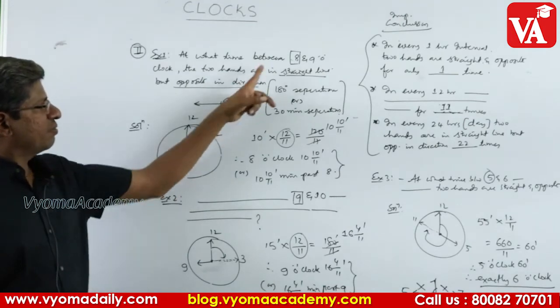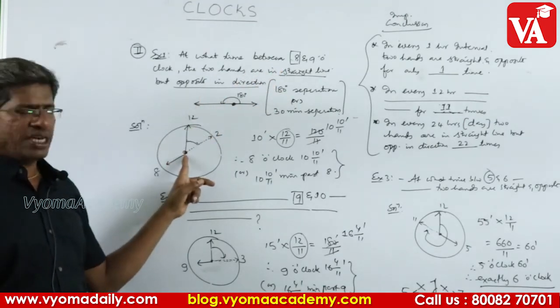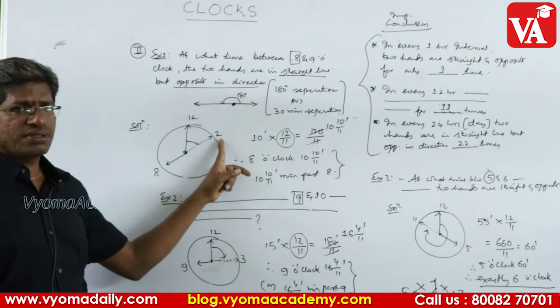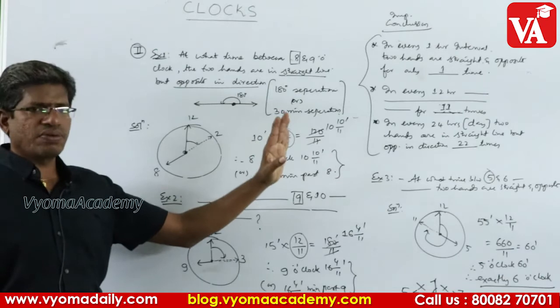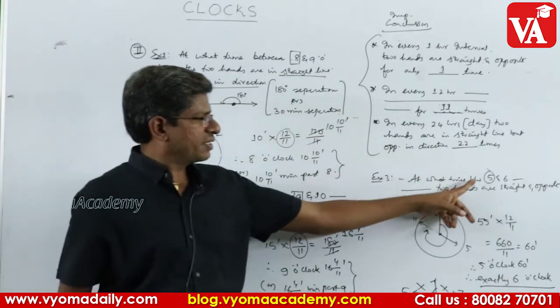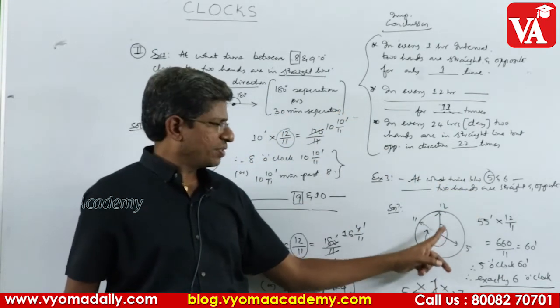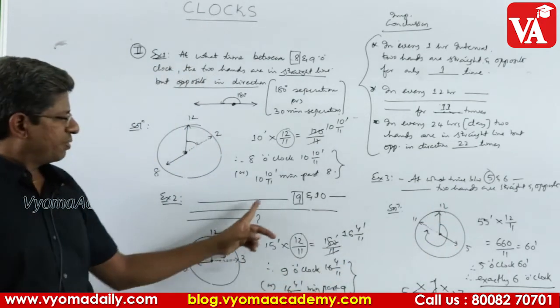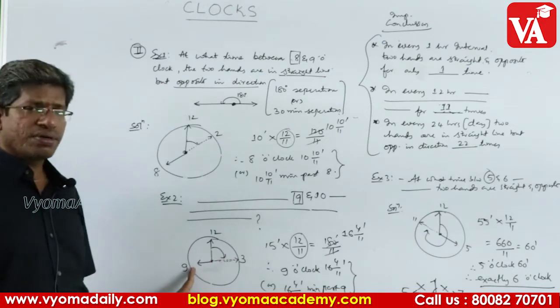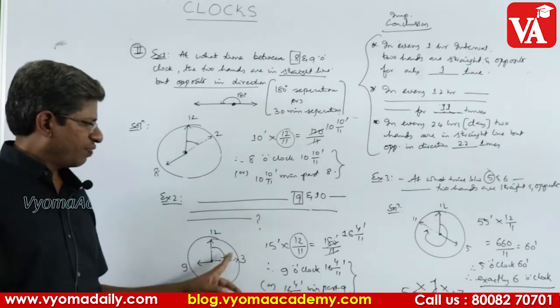So 8 is the given question. I imagine 8. Quickly let me tell you, opposite 8 you have to choose 2. How many minutes should you come forward? 10, and the technique is 12 by 11. See, find 6, imagine 5, opposite to 5 is how much? 11, 55 you imagine. Here between 9 and 10, imagine 9 o'clock, opposite number is 3, so 15 minutes.